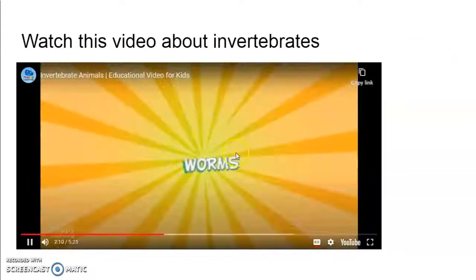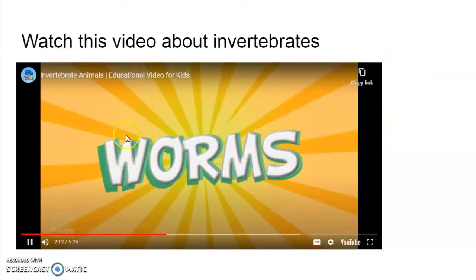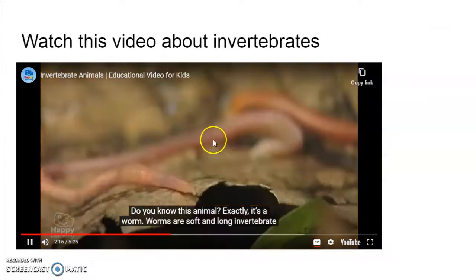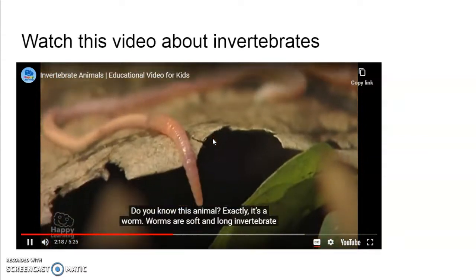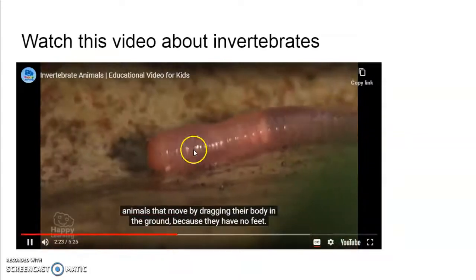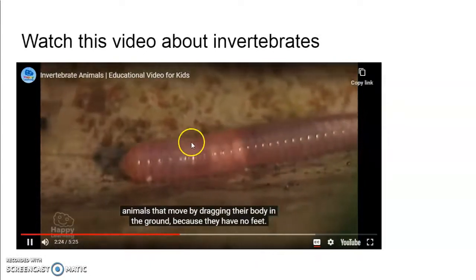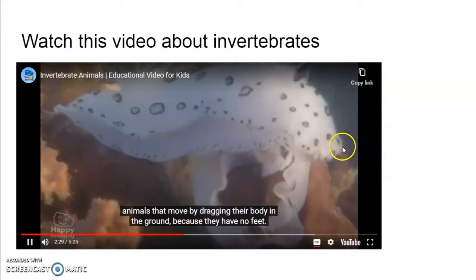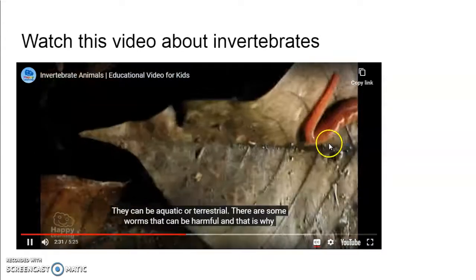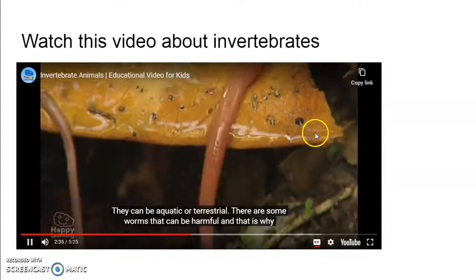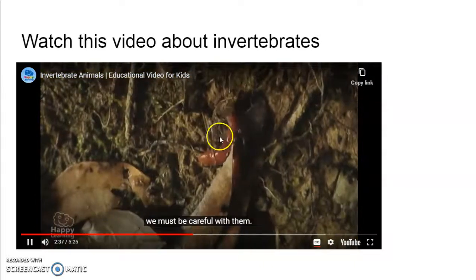Look how lovely. Worms at the dam. We took about Do you know earthworm. this animal? Look, this is the earthworm. Exactly. It's a worm. Worms are soft and long invertebrate animals that move by dragging the body in the ground because they have no feet. They can be aquatic or terrestrial. There are some worms that can be harmful. And Worms at the dam. Careful with them.